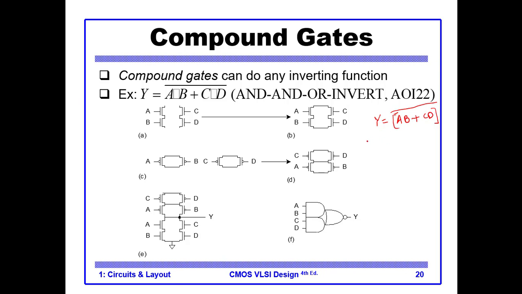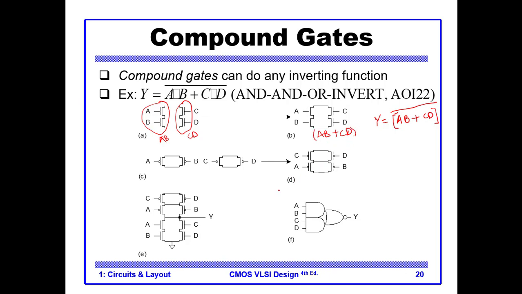First we develop A and B. So this is A and B, this is series, this is C and D. You combine it in parallel, this is AB plus CD.